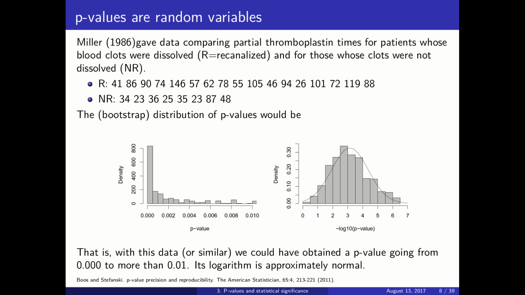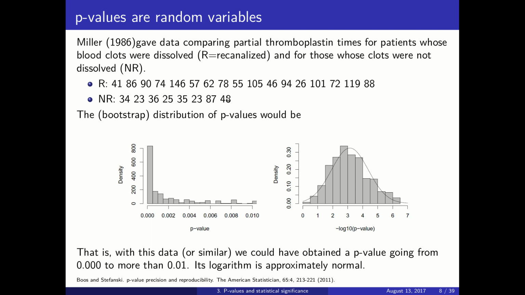So let's try to calculate its distribution, and for that we can use bootstrap. Bootstrap is a statistical technique that, given a statistic, tries to estimate its distribution. Let's say that we have 15 observations up here and 10 observations down here.